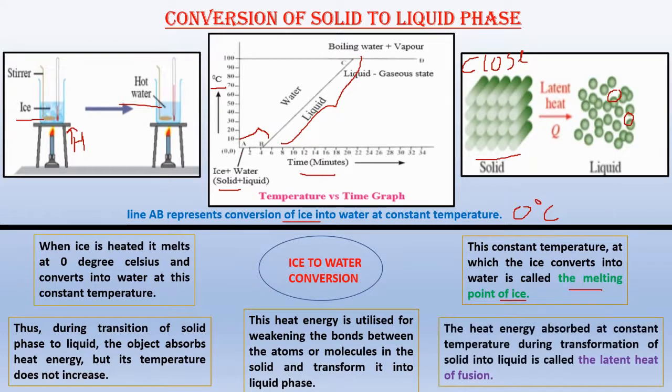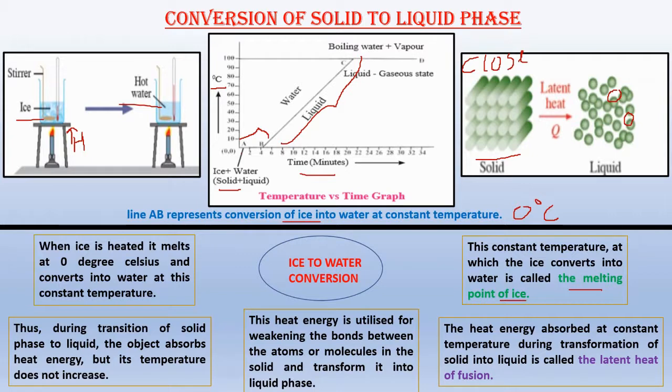Okay. Now the heat energy absorbed at constant temperature. Over here the temperature is 0 degree centigrade, right, when the ice converts to water. So this is the constant temperature. So the heat energy is absorbed at constant temperature during the transformation of solid into liquid phase, and this is known as the latent heat of fusion.